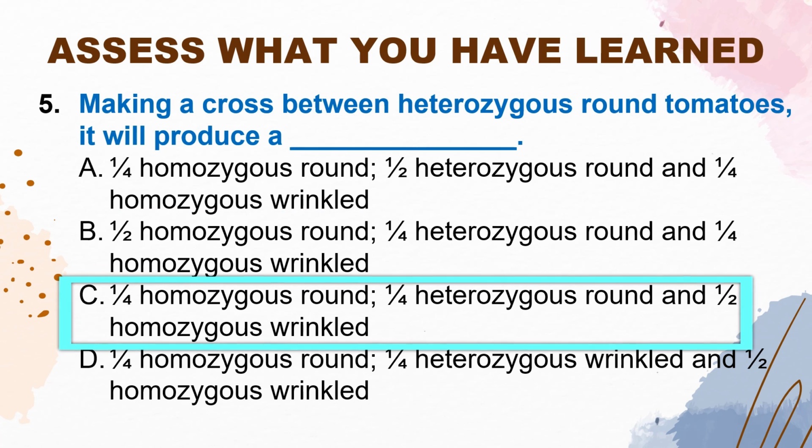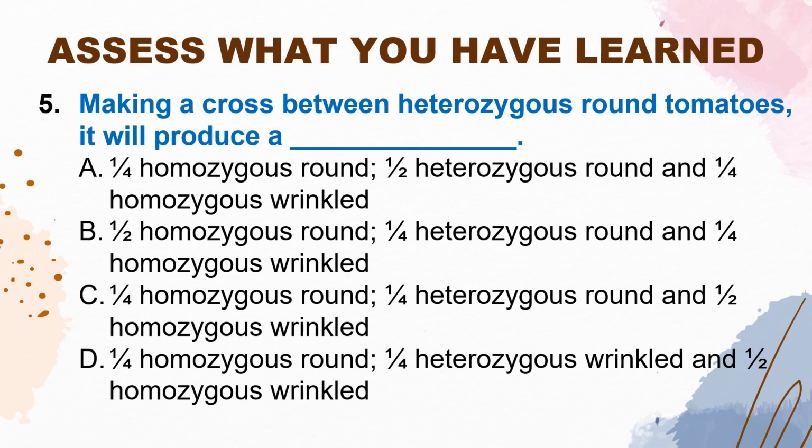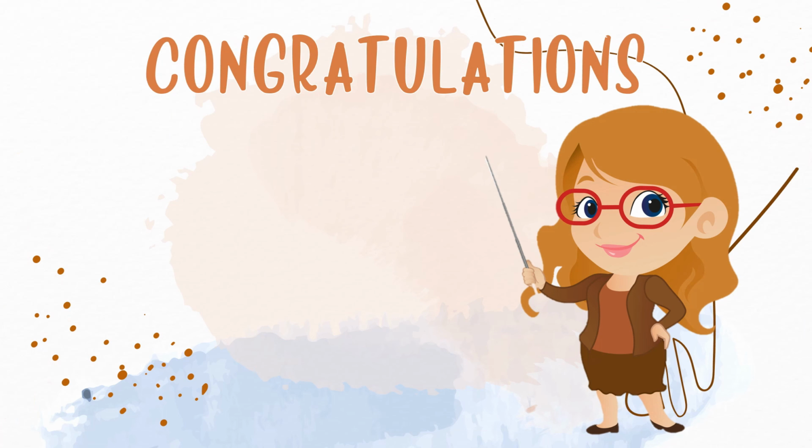C. 1/4 homozygous round, 1/4 heterozygous round, and 1/2 homozygous wrinkled. D. 1/4 homozygous round, 1/4 heterozygous wrinkled, and 1/2 homozygous wrinkled.